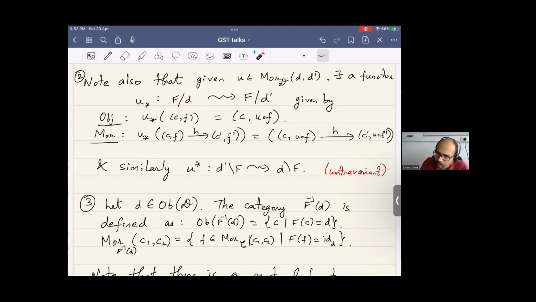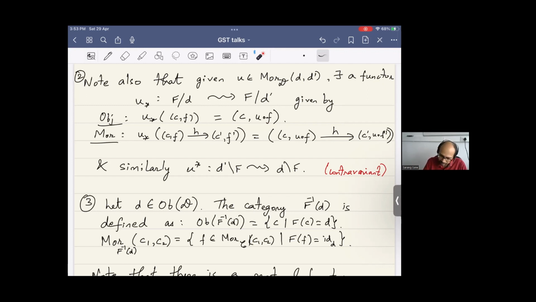With our usual conventions, I'm putting the star below to say it's, in quotes, covariant. What does it do on objects? Remember, objects of this are pairs of this type. So it takes a pair (C, F) to the pair (C, u composed with F). This is the obvious thing.